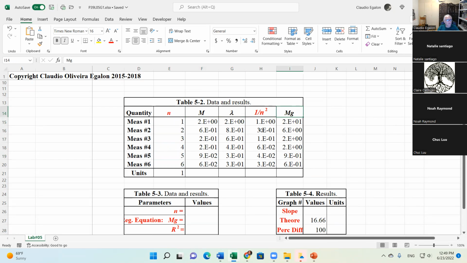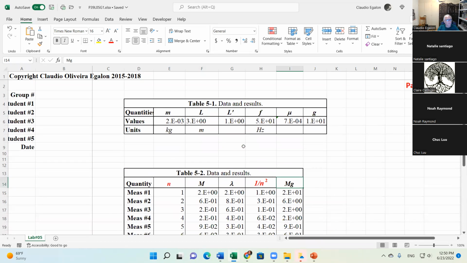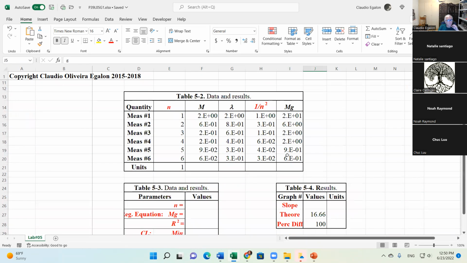Measurement, result. Measurement with the scale, measurement with a meter stick, measurement with a strobe. Here's the result, and here's a result from a previous experiment. Okay.